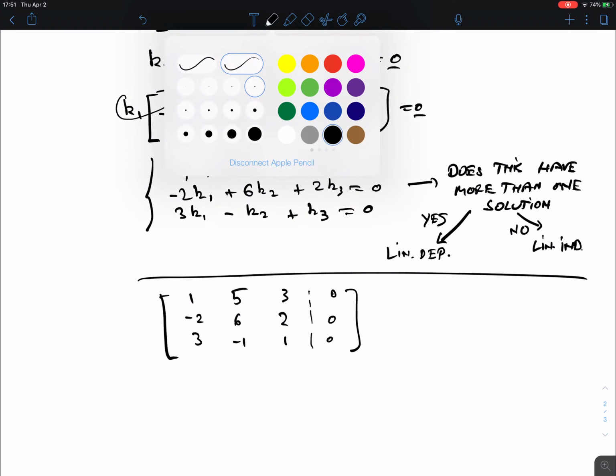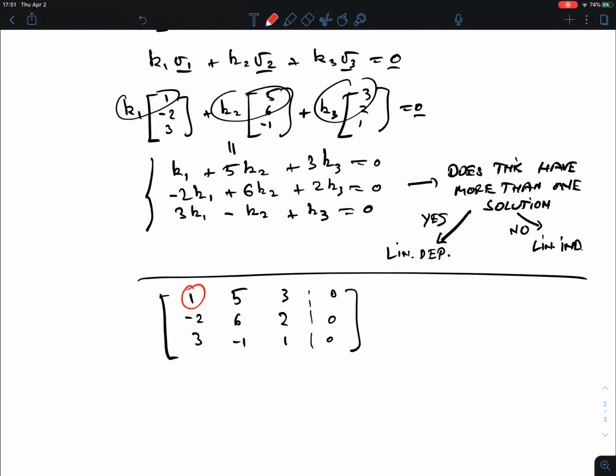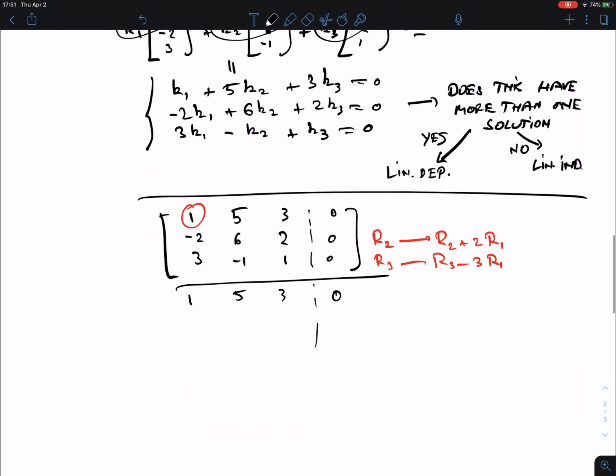That's our technique. I'm going to use this pivot, so we do row 2 plus 2 times row 1 to get this a 0, and then row 3 minus 3 times row 1. So 1, 5, 3, and of course this is always 0, but I'll just keep copying it.